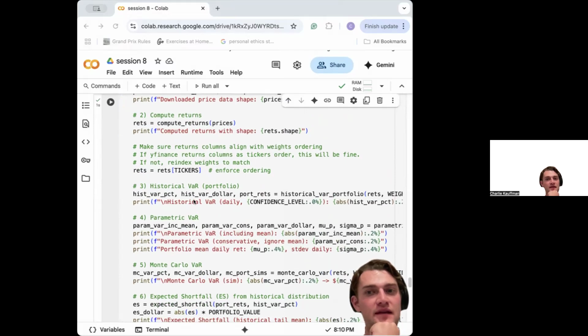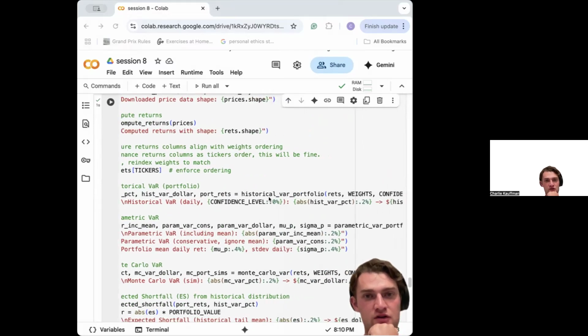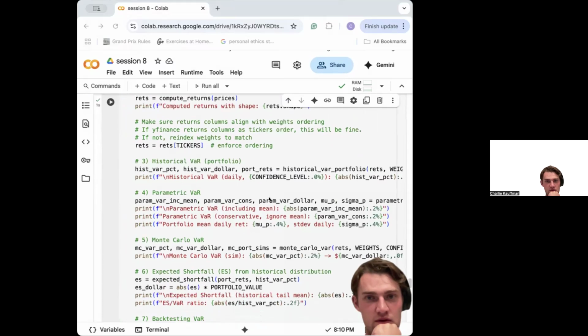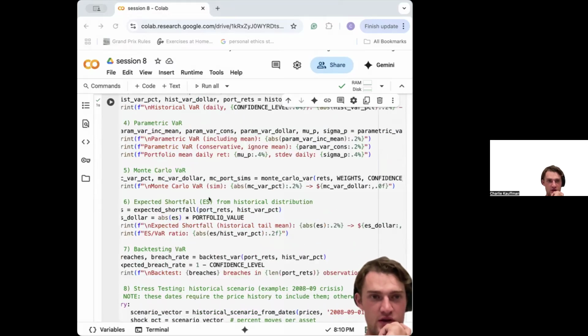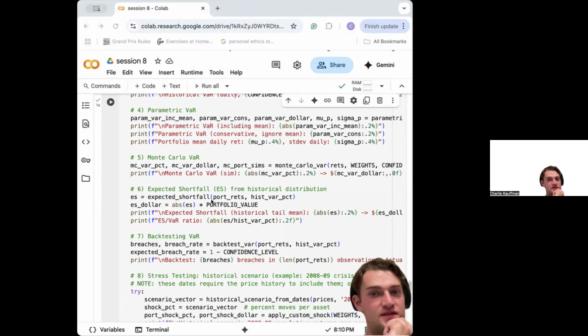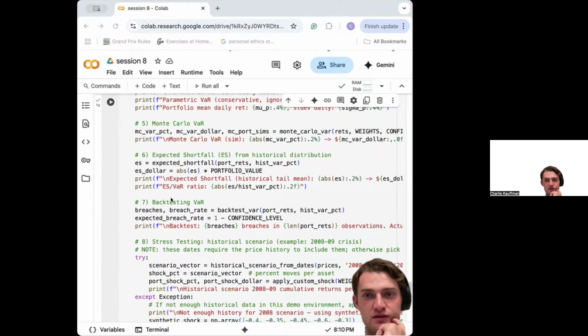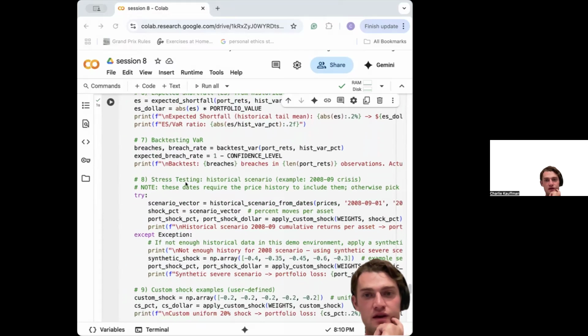And then we print daily and dollar losses here. And this is both versions. And then this is the simulated distribution. And this is for tail losses. This is for breach counts.